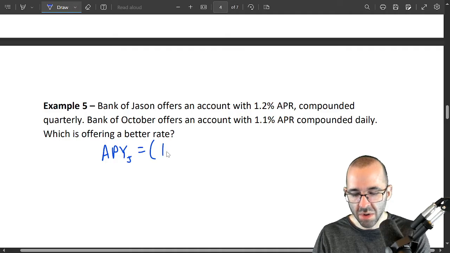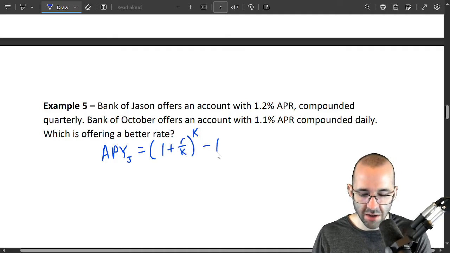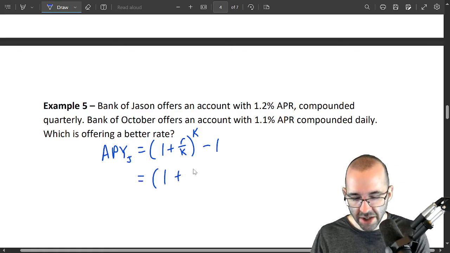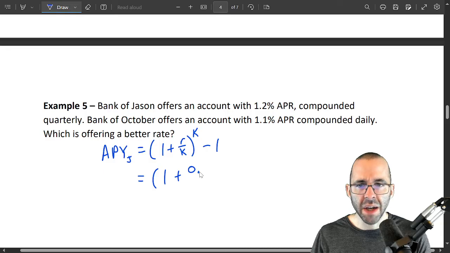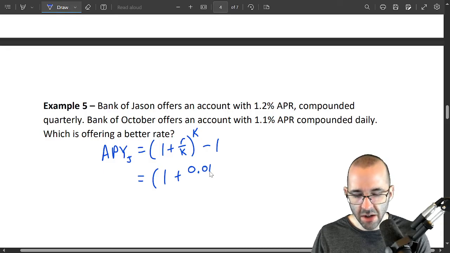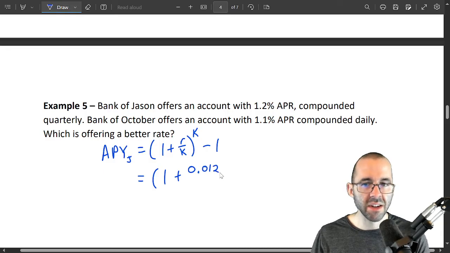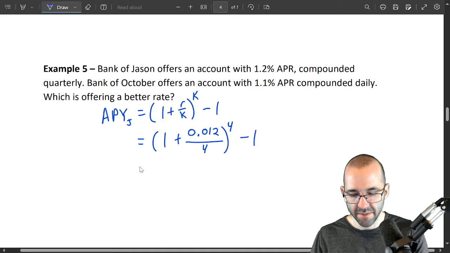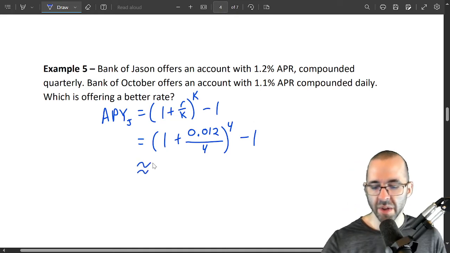So it's going to be (1 plus R over K) to the K, since we're only looking after 1 year, minus 1. So that's 1 plus Bank of Jason's 1.2% APR, written as a decimal, compounding quarterly. We can find this with a calculator.